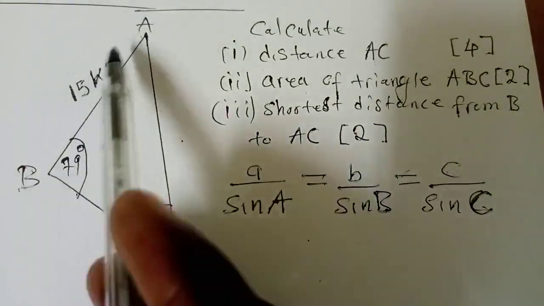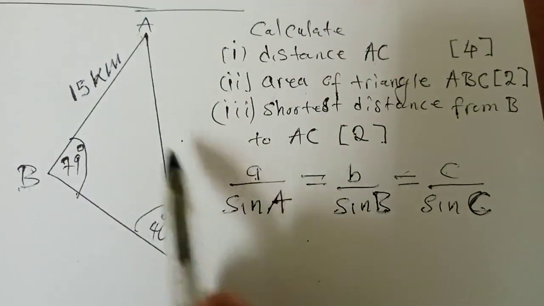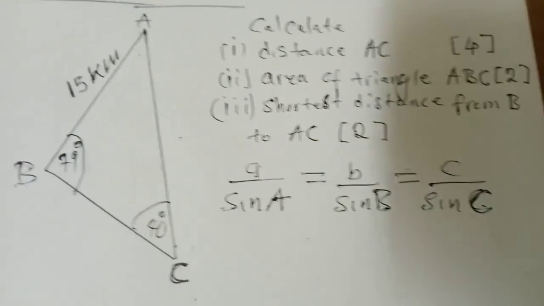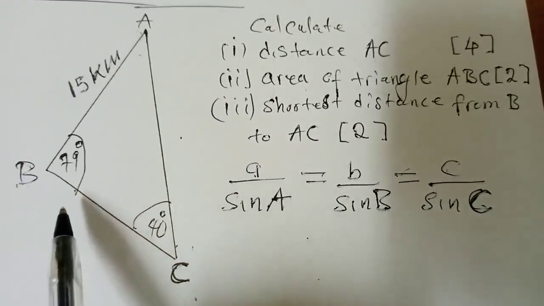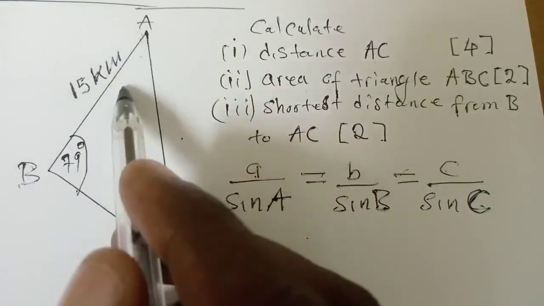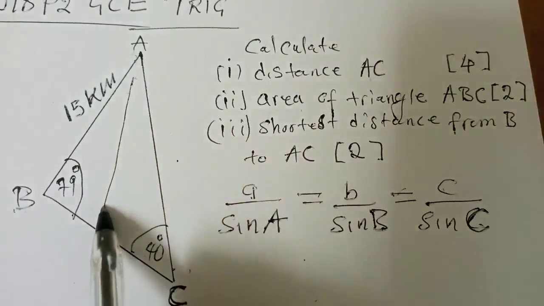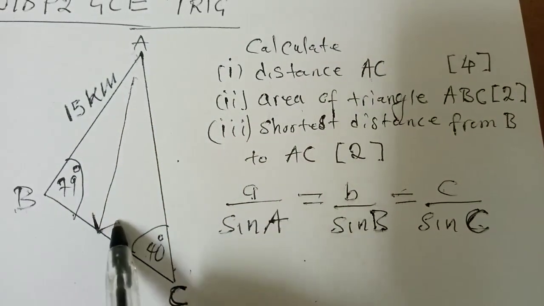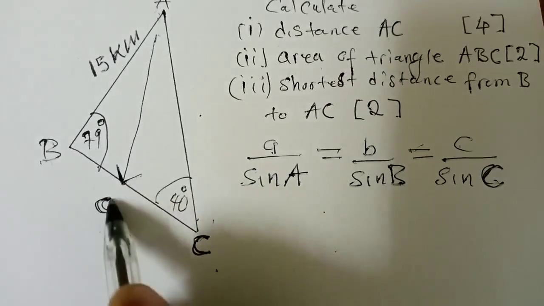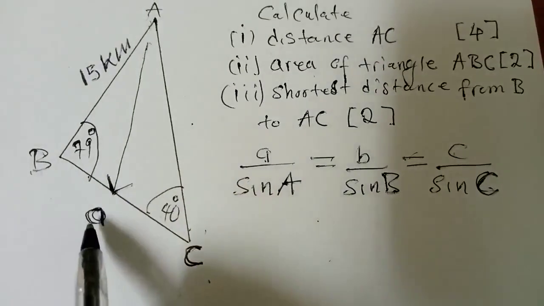So this small letter a is opposite to this side, and this side is where small letter a is.